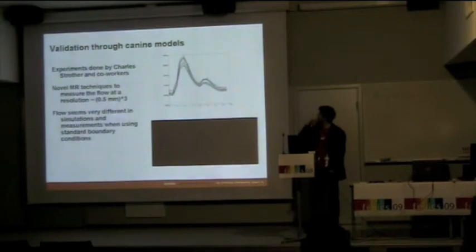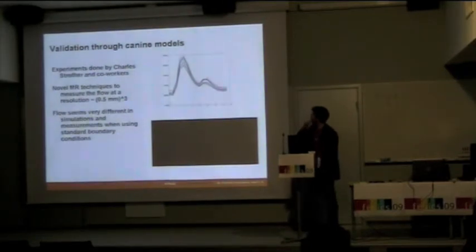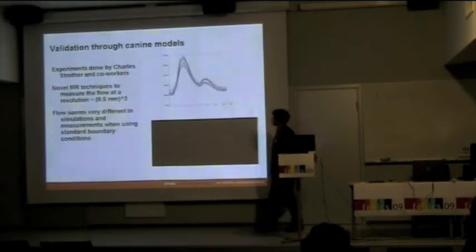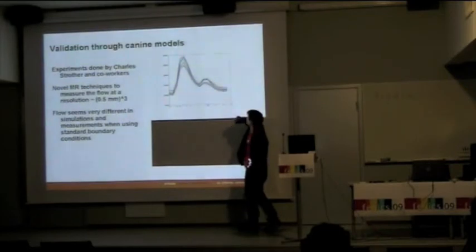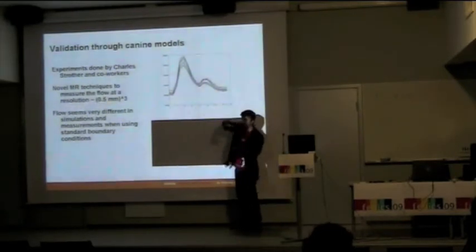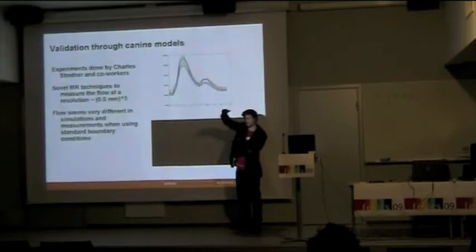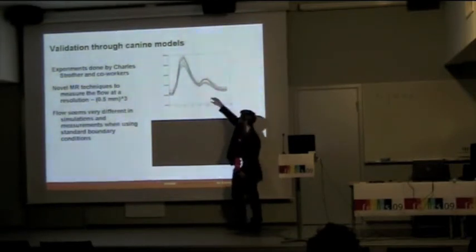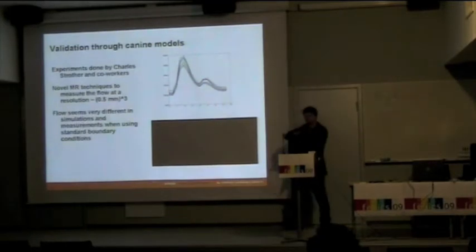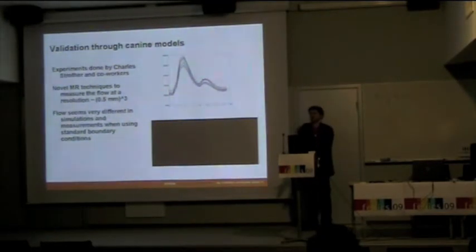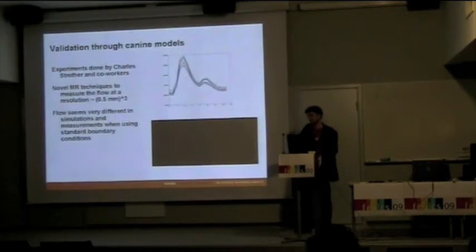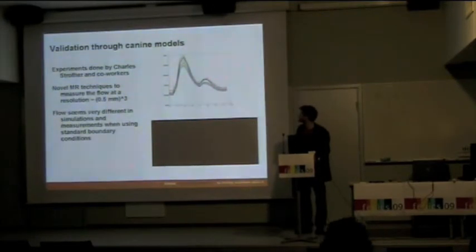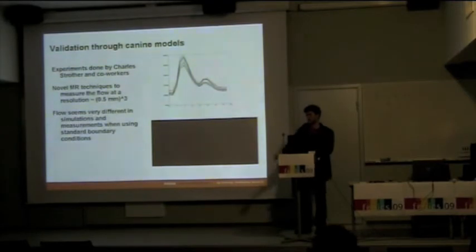And we have gotten novel MR data, but as you see, I forgot to write anything on here, but this is the flow in various cross-sections as measured with MR. And you see that the flow should be incompressible, so it should be the equal amount through each cross-section, but there is at least a 20% difference between the cross-sections.